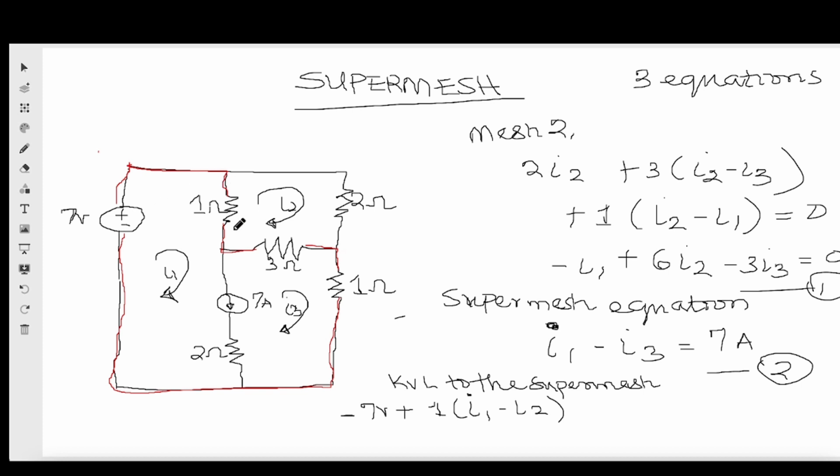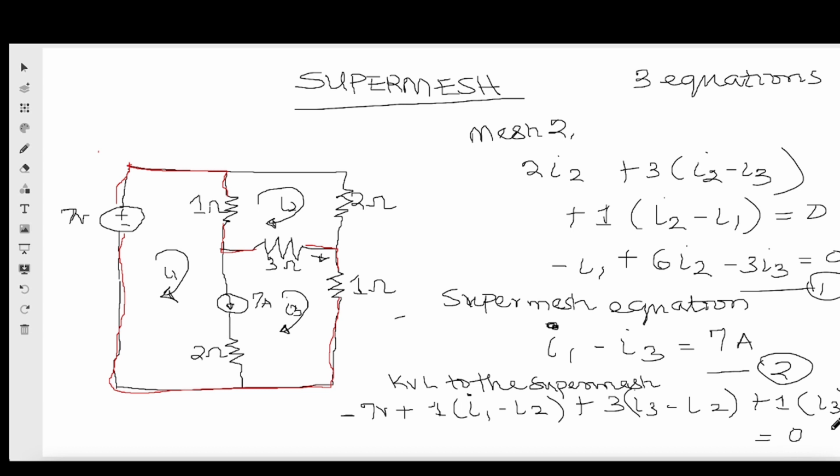Everything is now just one mesh, so we've removed this. Then plus 3 into bracket i3 minus i2. How do I know it's i3 minus i2? The way I'm reading it is clockwise. When I got here, i3 is going in the same direction, but i2 is going in the opposite direction. That's why it is i3 minus i2. Then when I get here, it is 1 multiplied by i3, and therefore it equals 0.